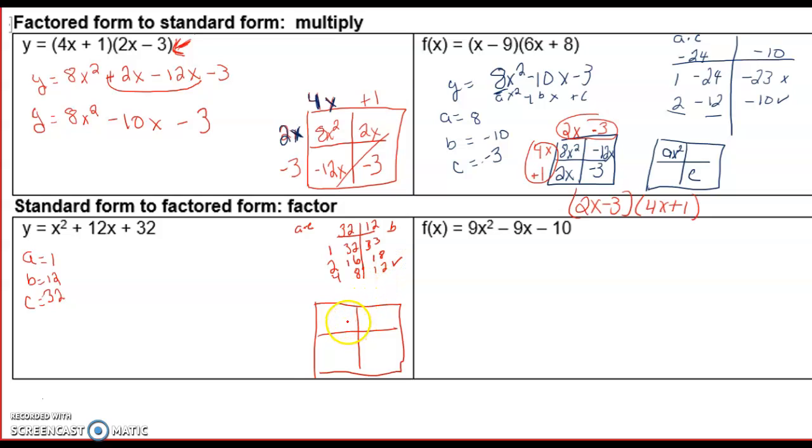Really? That is awesome. Okay, so in this corner, we're putting ax squared. Well, right here, it's our first term, so it's going to be x squared. In this corner, we have c, which is 32. See, right up here. Okay, in this corner, we have the first factor, or whichever factor you want it to be, with an x.